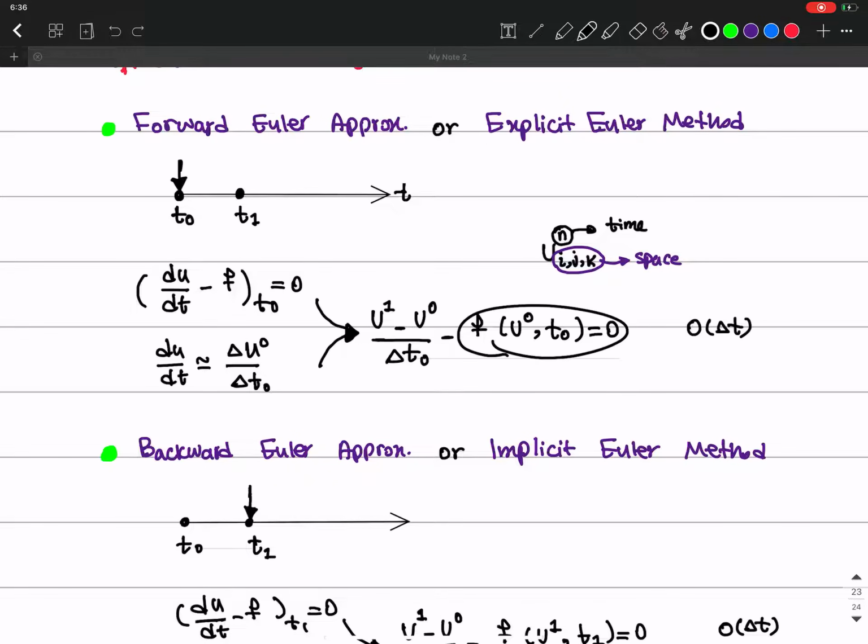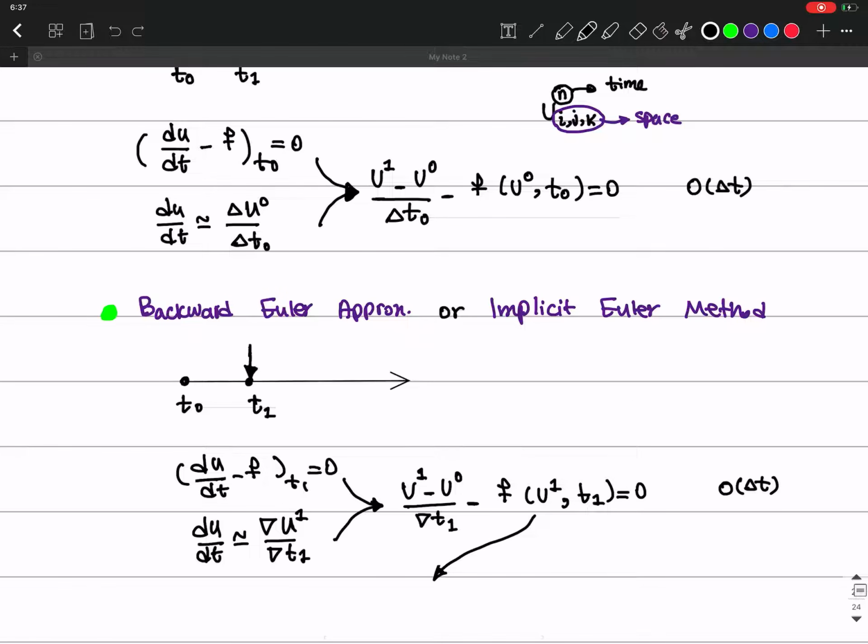So you know f u0, t0, and then you can update u1. You can find the new u based on the old information. These are all old information, right? So you can put all of these into the right hand side and then find u1. Okay, so this is explicit. You can easily find that.